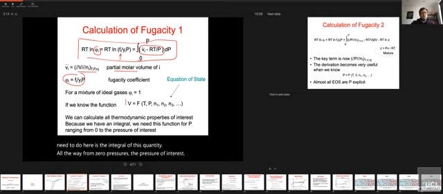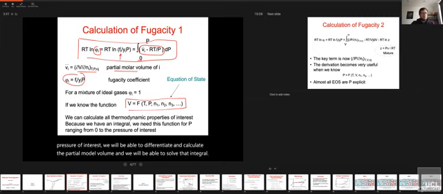So if we are able to describe this partial molar volume, so essentially if we know how the volume of our mixture changes with pressure, temperature, and composition, and if we know how that volume changes all the way from zero pressure to the pressure of interest, we will be able to differentiate and calculate the partial molar volume, and we will be able to solve that integral.